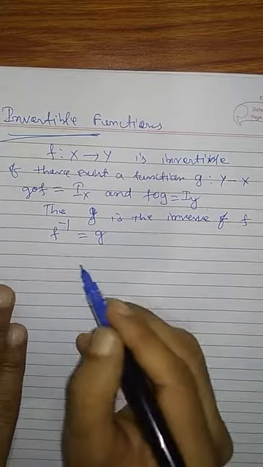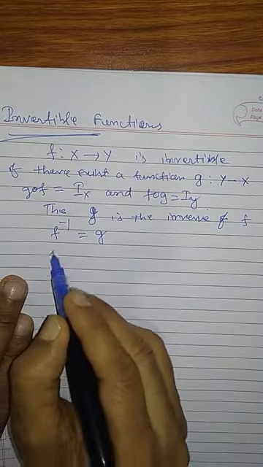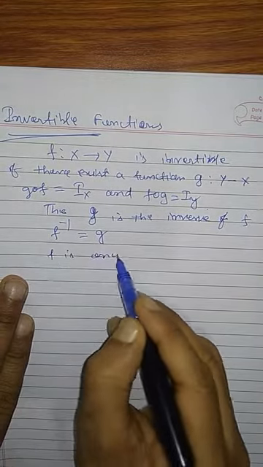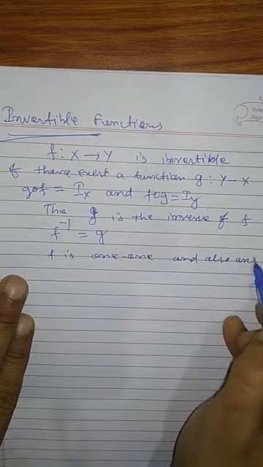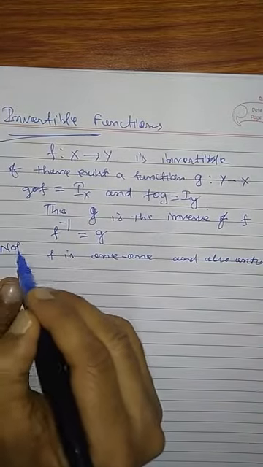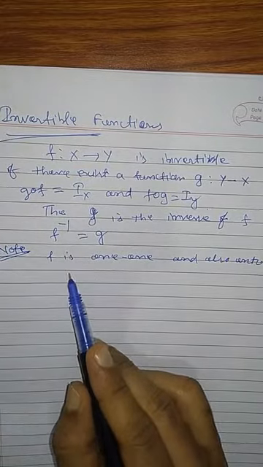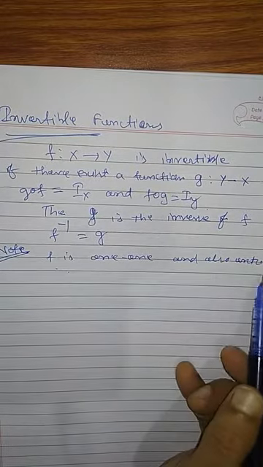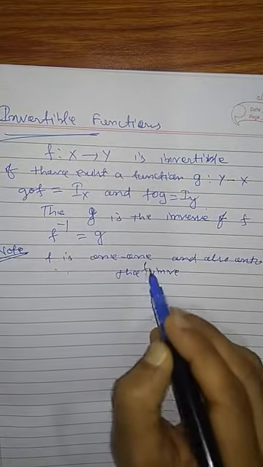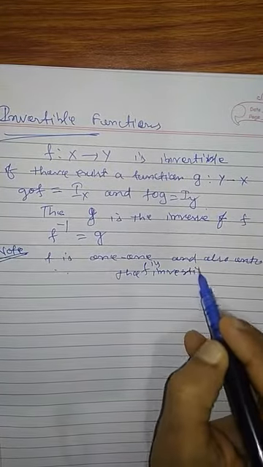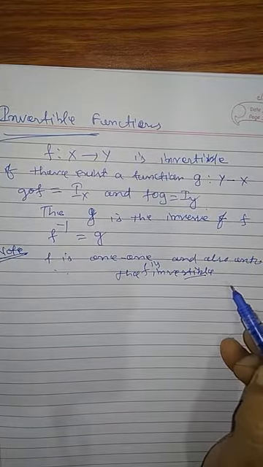Now a function is also invertible if f is one-one and also onto. This is another case: if f is one-one and also onto, then f is invertible. We apply this if the inverse of f is not to be determined.